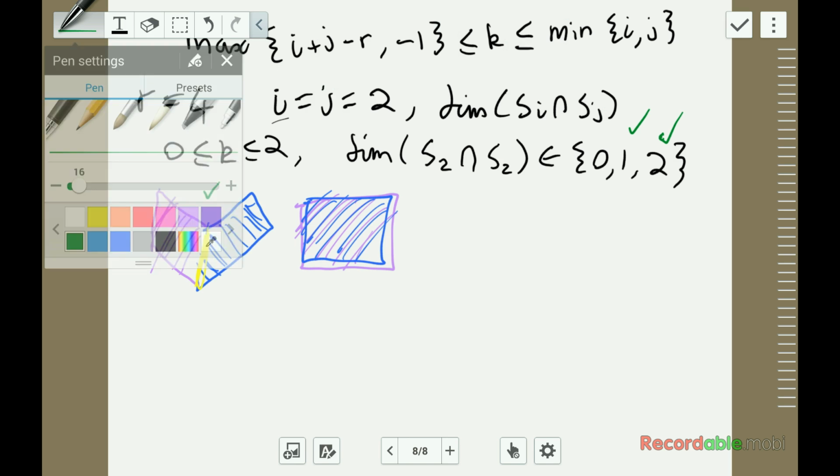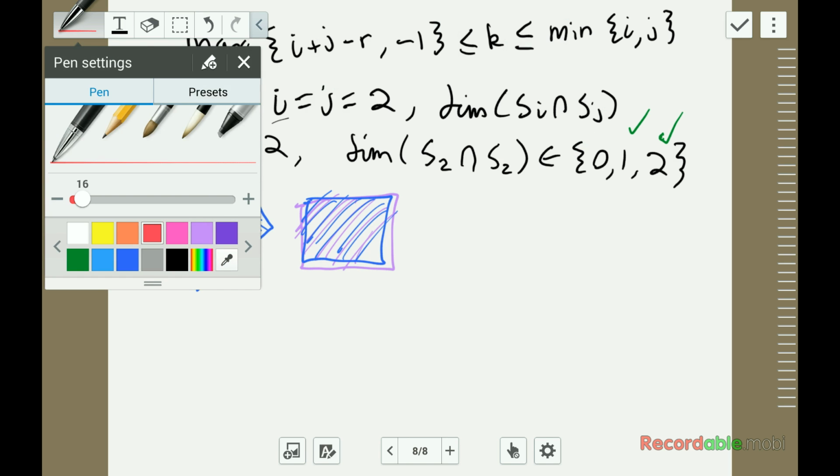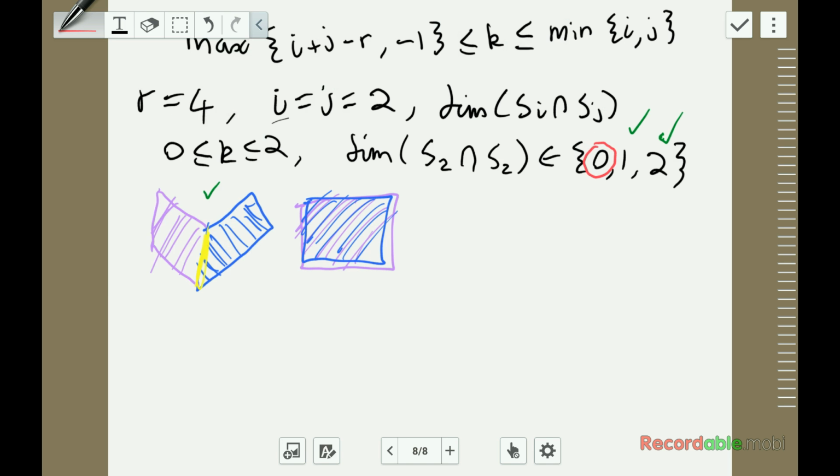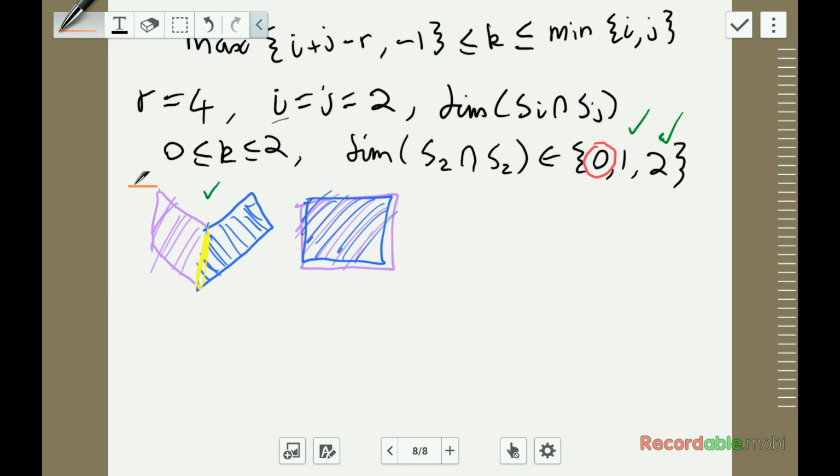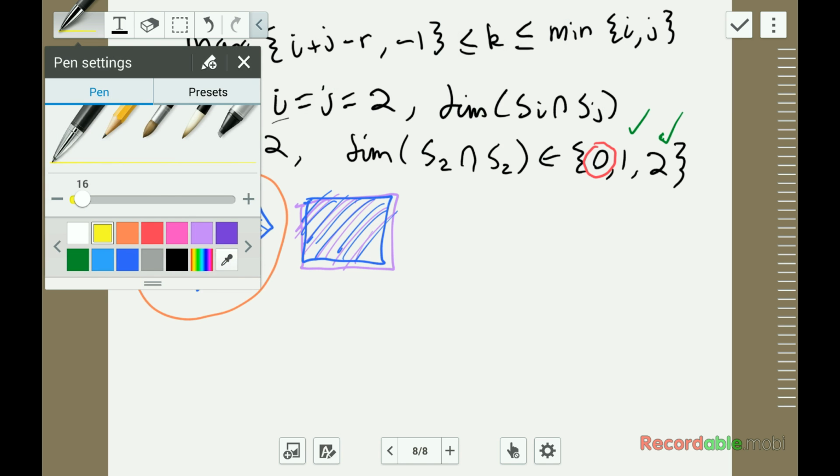And then their intersection has dimension 2. But what about this? How can we have two planes that intersect only at a point? It seems crazy, but remember we're in four-dimensional space here. So, to see how this makes sense, think about this picture and this yellow line.